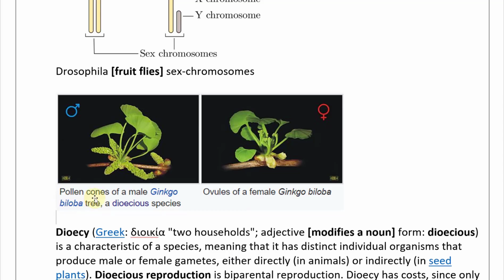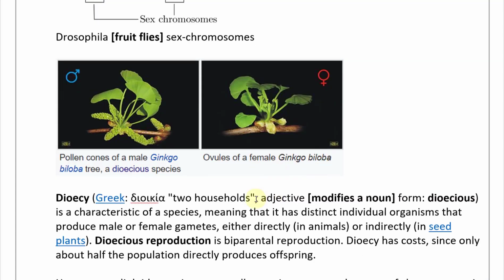This figure shows the pollen cones of a male ginkgo biloba tree, which is a dioecious species. Notice the cones there. We'll go over pollen later in this video. Notice the pollen indicates it's male, and then there are the ovules of a female ginkgo biloba.